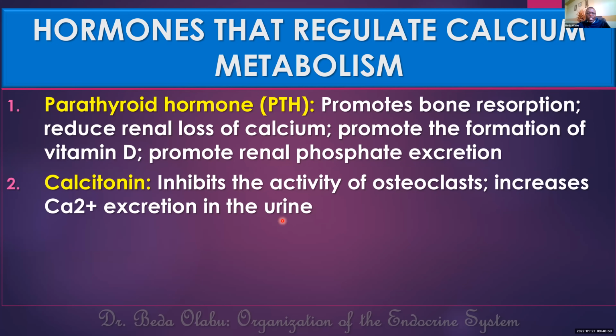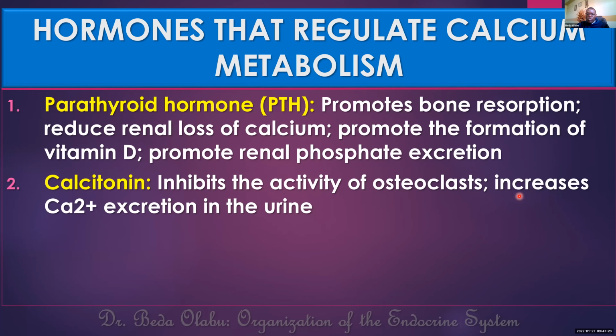So if calcitonin inhibits the activity of osteoclasts, that means that calcitonin inhibits bone resorption. And if it inhibits bone resorption, calcium will be held in bone tissue as opposed to being released to the bloodstream. That mechanism will suppress the levels of serum calcium.